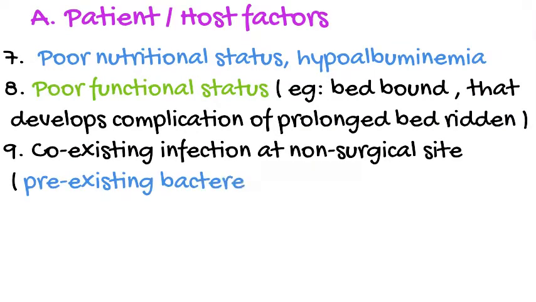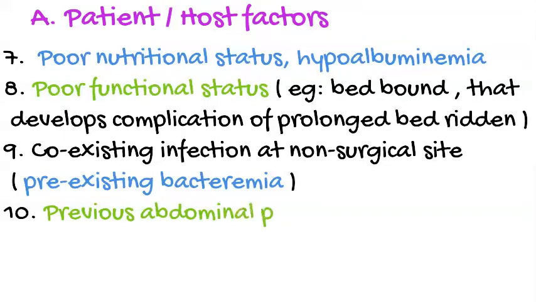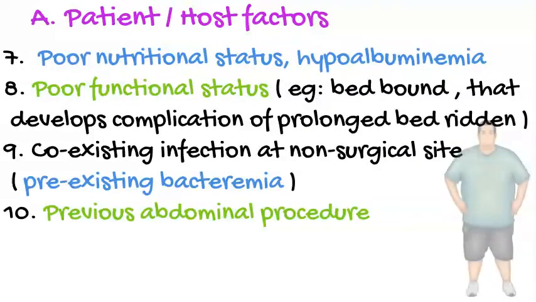He or she tends to develop complications of prolonged bedridden state. 9. Coexisting infection at a non-surgical site, where there is already a pre-existing bacteremia. 10. Previous abdominal procedure. Again, part of these patient factors have been explained in my previous videos.